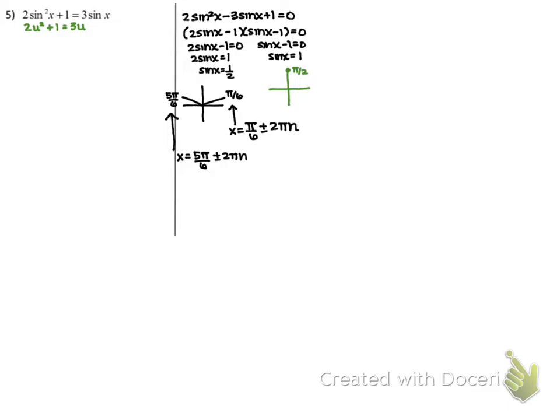X is equal to 5 pi over 6 plus or minus 2 pi n. And then this guy, we're going to get x is equal to pi over 2 plus or minus, had to do a full loop, 2 pi n. So we do have to write out all three of these to make sure that we have all of the answers that actually satisfy the equation.